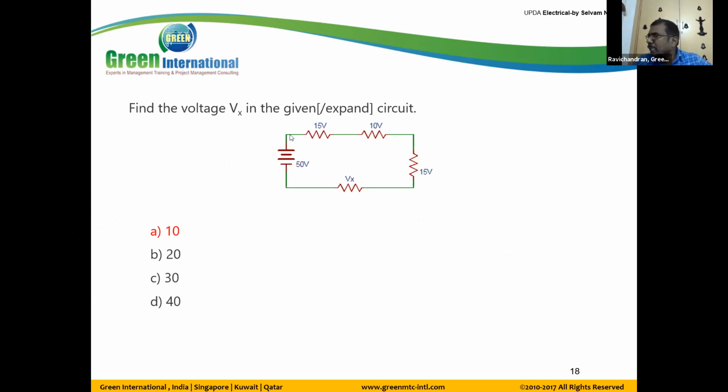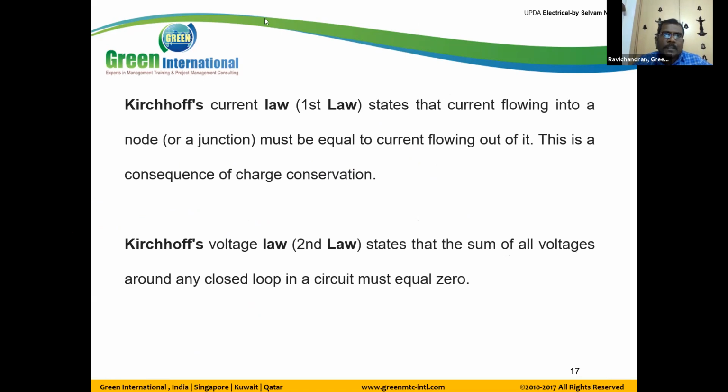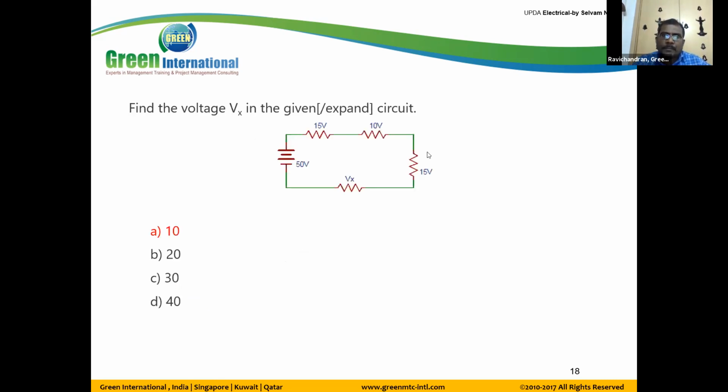Next we have Kirchhoff's voltage law. Kirchhoff's voltage law is applicable only at the closed loop. See this diagram: we have one voltage source and four resistances.